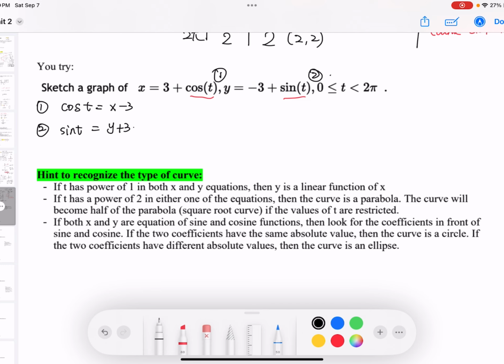And then we get x minus 3 squared plus y plus 3 squared is equal to 1. Oh, this is a circle because under them it is 1, or you say 1 squared. So this is a circle, and the center is at 3 comma negative 3, which is coming from the h comma k.